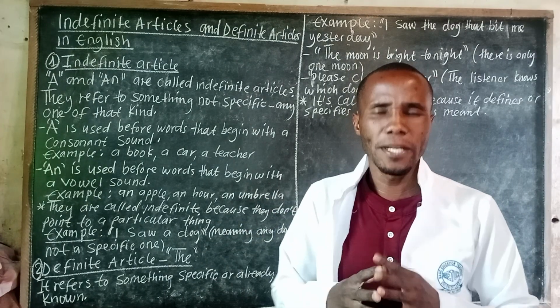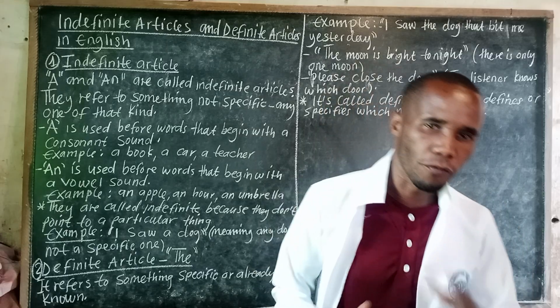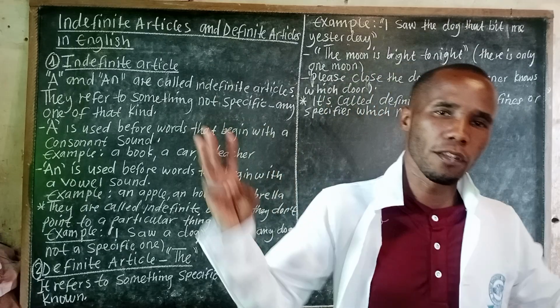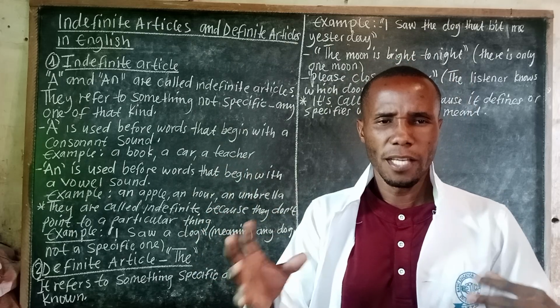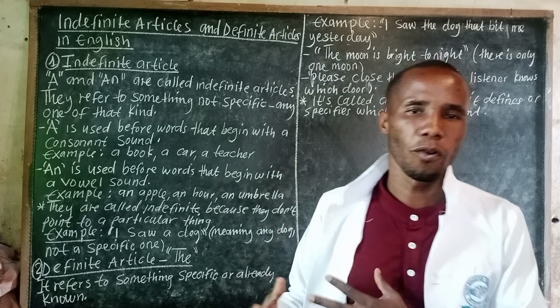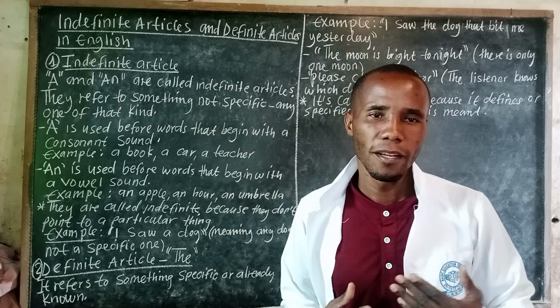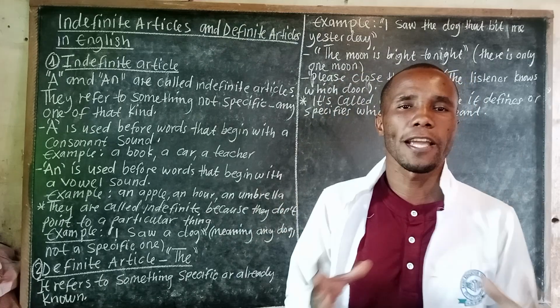But if I say please close a door, that person is going to be confused, because in case two or three doors are open, which door is he talking about? So I have to say close the door, and if possible, I even point at that door. I've specified.